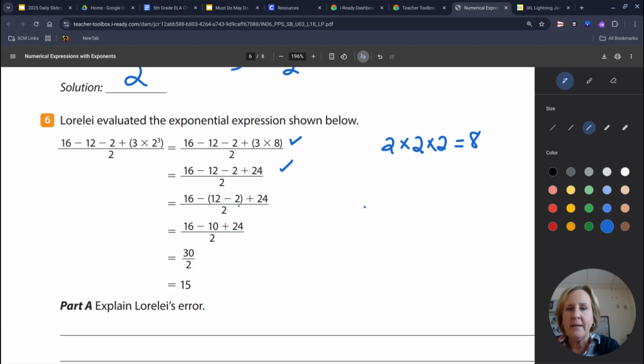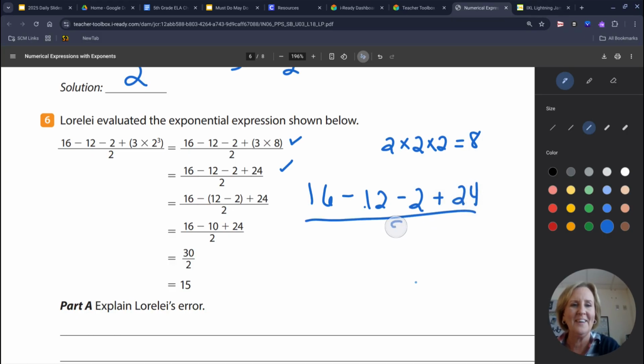I'm feeling like what she did here was the mistake because, look, when she puts the parentheses, when she does 12 minus 2 right here and she gets 10, what she really should be doing is probably the 16 minus 12 first. Okay, so let's rewrite this again and let's do it correctly.